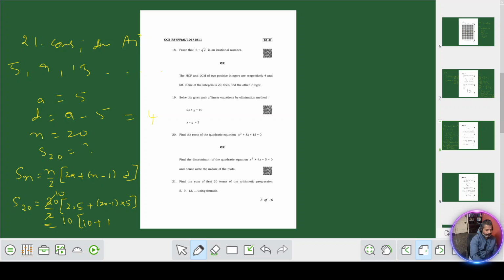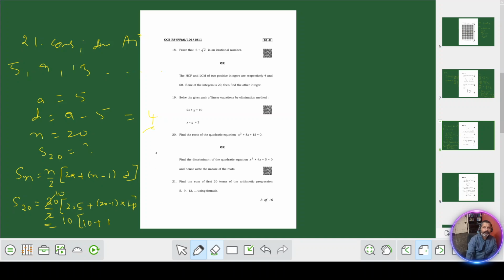Sorry, I have written the d wrong here. I saw that. Here d is wrong. What you write for d is 4, right?